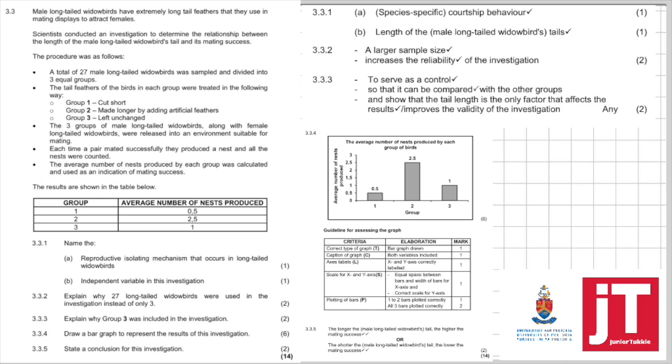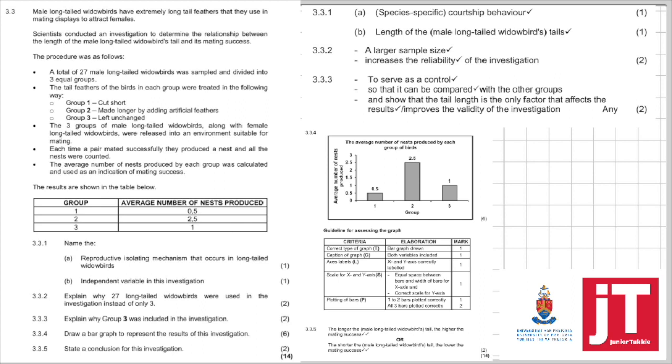3.3. Many long-tailed widow birds have extremely long tail feathers that they use in mating displays to attract females. Scientists conducted an investigation to determine the relationship between the length of the male long-tailed widow bird's tail and its mating success. The procedure was as follows. A total of 27 male long-tailed widow birds were sampled and divided into 3 equal groups.